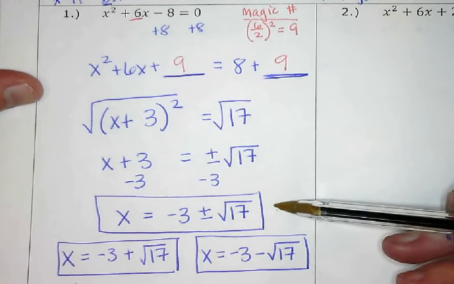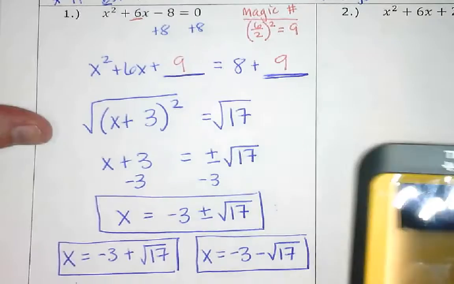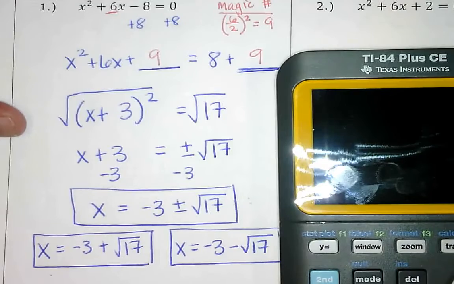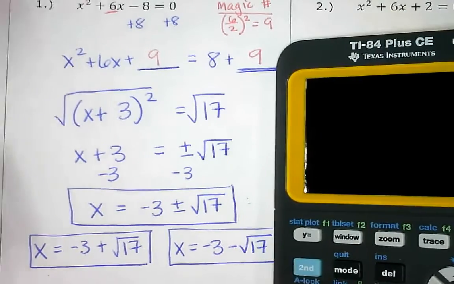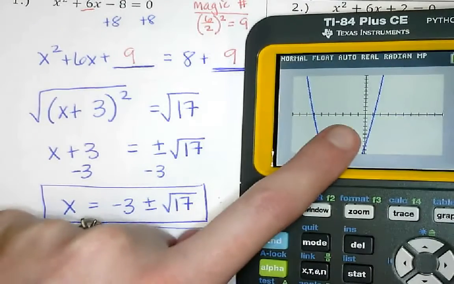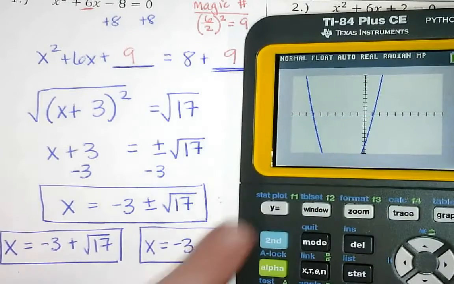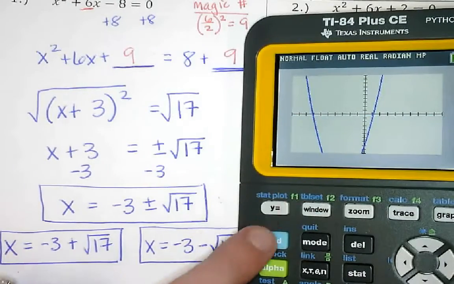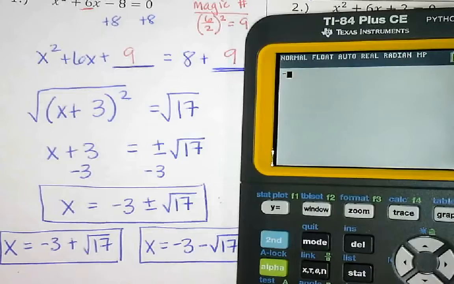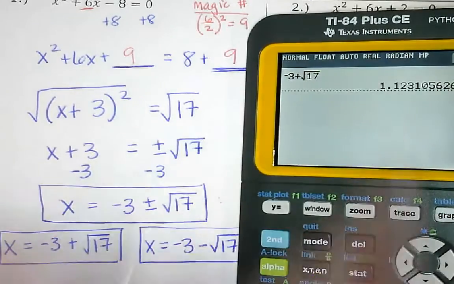So this right here is a really nasty, irrational number. If we actually put this square root of 17 business in our calculator, look, on the graph we're right above negative 7 and positive 1, about. So if I say negative 3 plus the square root of 17, that's going to give me 1.123105626.